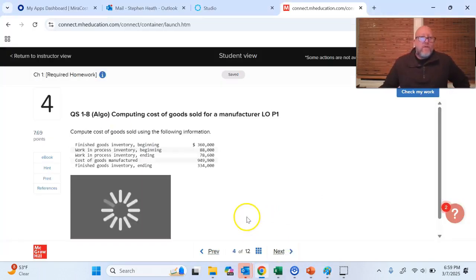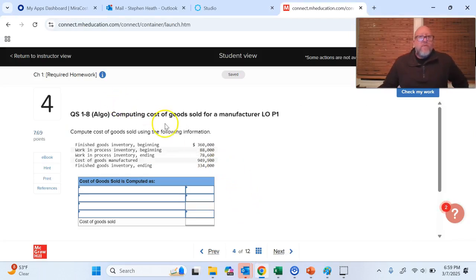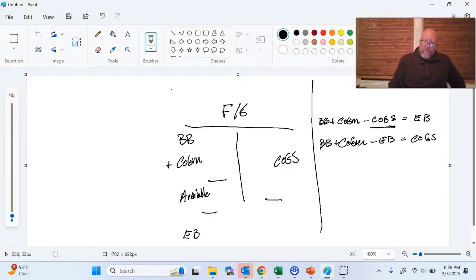Question 4. Compute cost of goods sold for a manufacturer. Same concept. Cost of goods sold, right? Again, we're looking at the finished inventory account. Finished goods is where we find cost of goods sold.